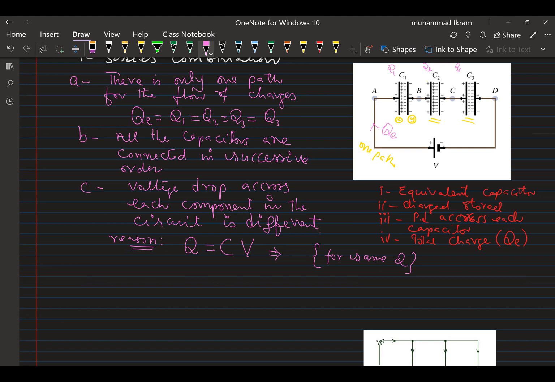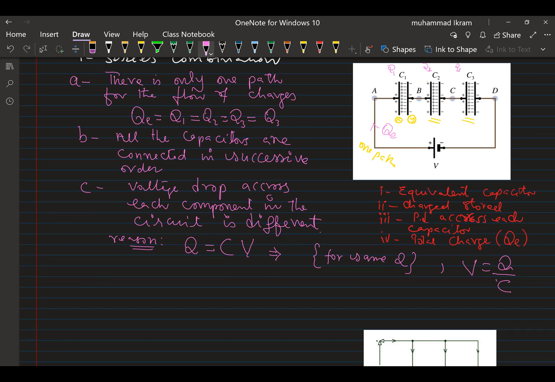And this voltage will be equal to Q by C. It will be equal to Q by C.